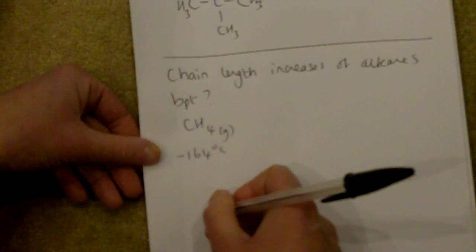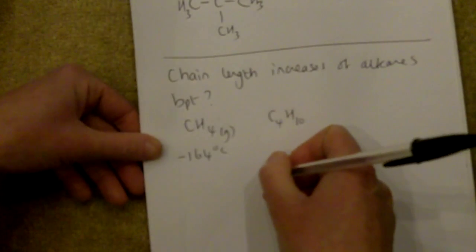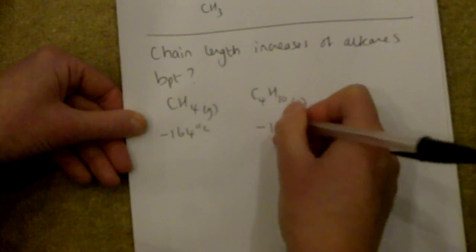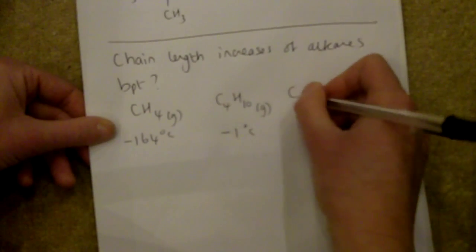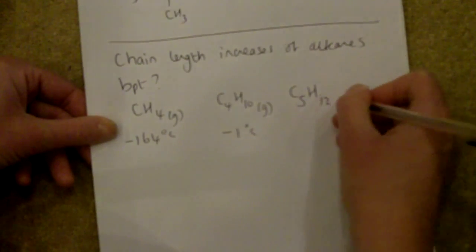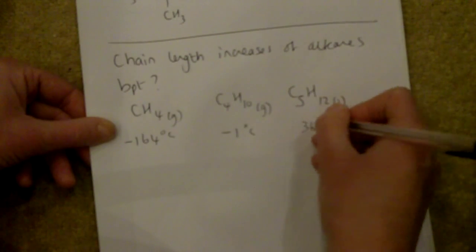Whereas if you take C4H10, at room temperature that is still a gas, and that has a boiling point of minus 1. The first alkane to be a liquid at room temperature is pentane.